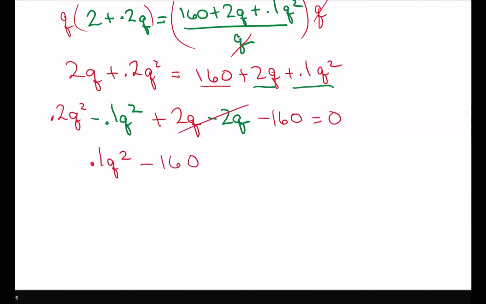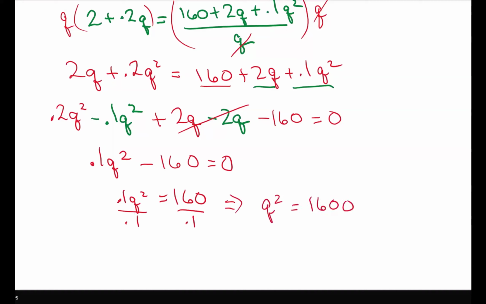Minus 160 equals 0. So 0.1 Q squared equals 160. Divide both sides by 0.1, which is the same as multiplying by 10, which means I get Q squared is equal to 1600, which means that Q is equal to 40.